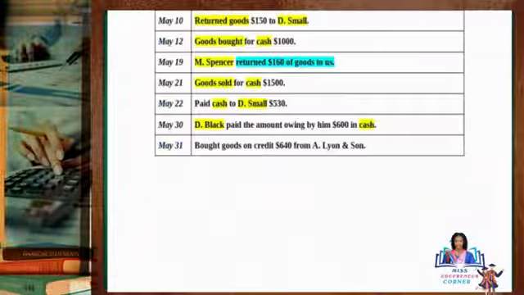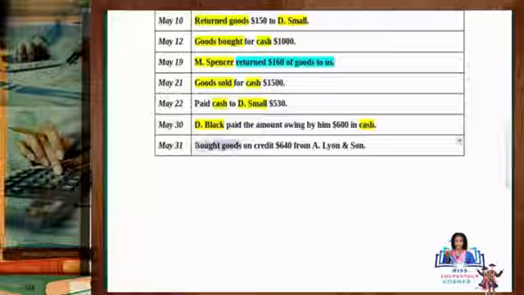The final transaction on May 31st: bought goods on credit $640 from A. Lennon and Son. So the business bought goods on credit from A. Lennon and Son. So here, the stock account or the goods account or the inventory account is being affected.